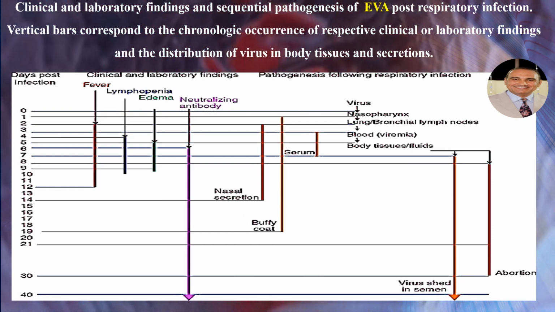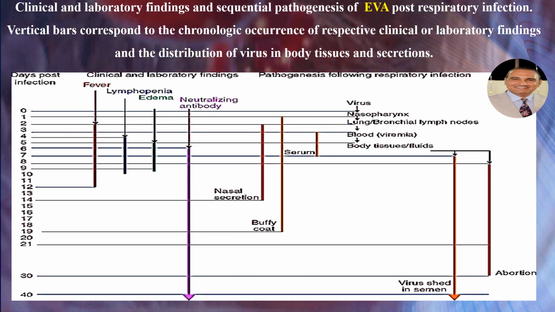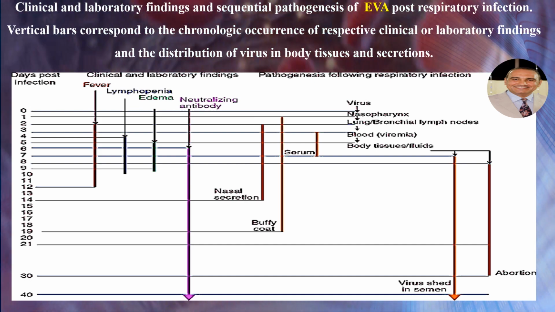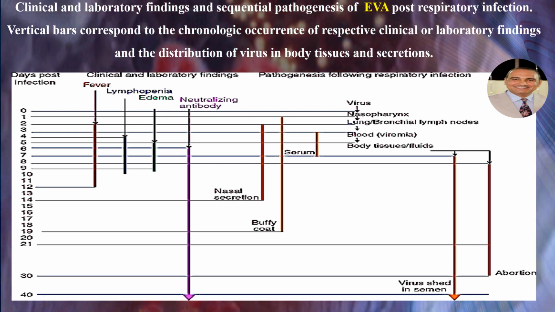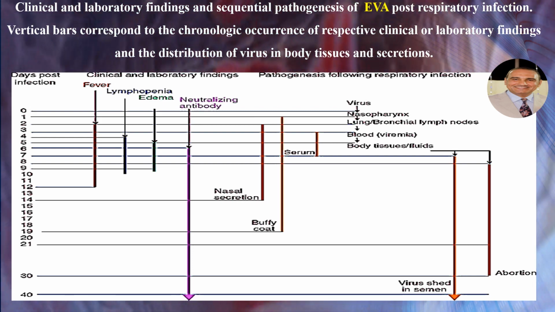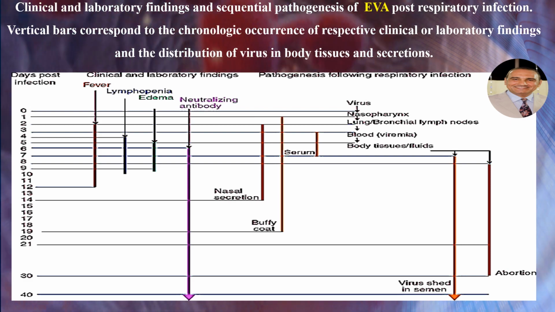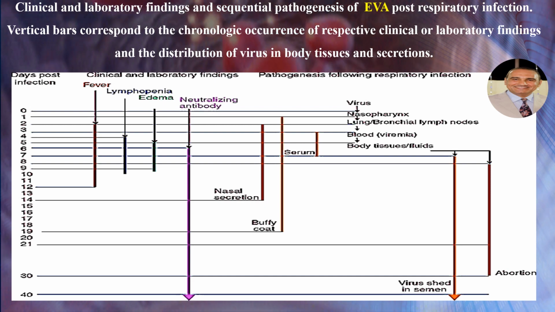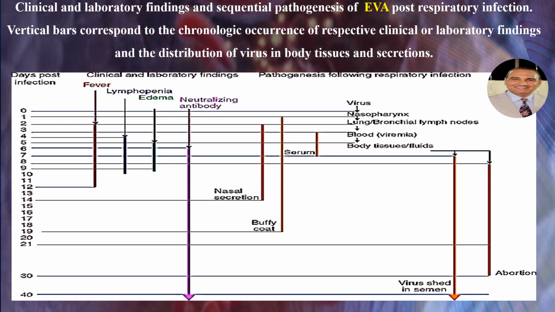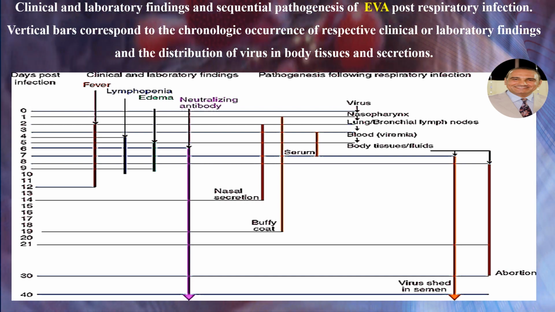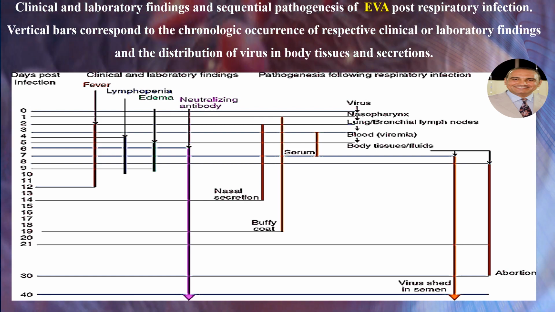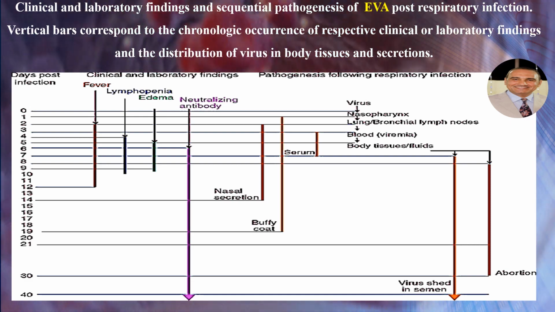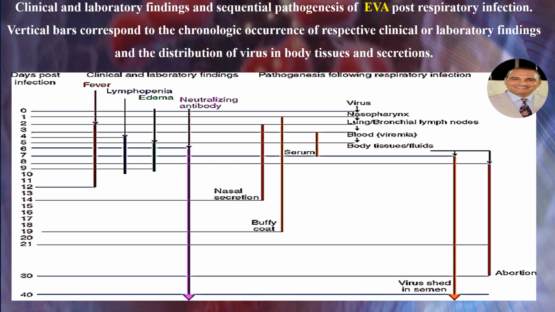This schematic diagram shows clinical and laboratory findings and the sequential pathogenesis of equine viral arteritis post-respiratory infection. Vertical bars correspond to the chronologic occurrence of respective clinical or laboratory findings and the distribution of the virus in body tissues and secretions. Fever is noted between 2 days and up to 12 days.